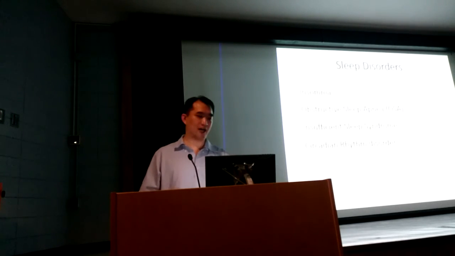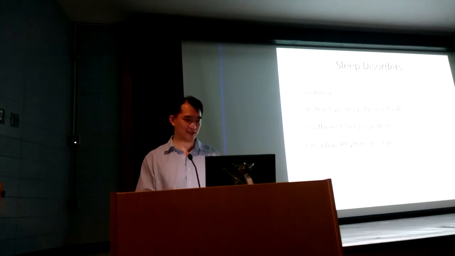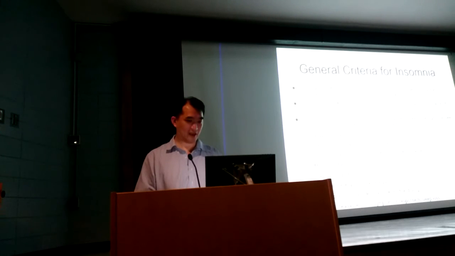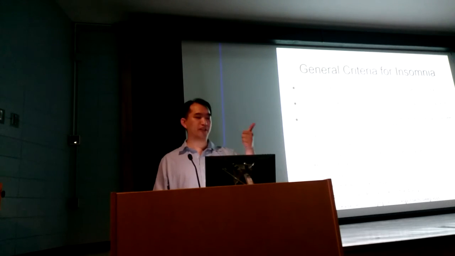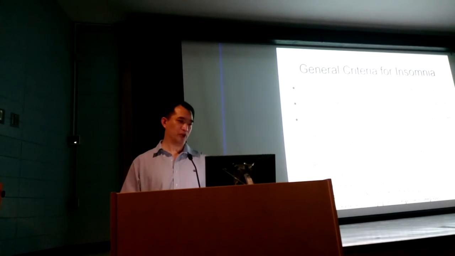Okay, so I'm just going to go into some common sleep disorders. Let's start with insomnia. Okay, so that's a cartoon of insomnia. And the criteria, so for insomnia, basically there are three types. There is trouble initiating sleep, trouble maintaining sleep, or waking up too early. But that's not enough. You actually have to have dysfunction along with these difficulties.